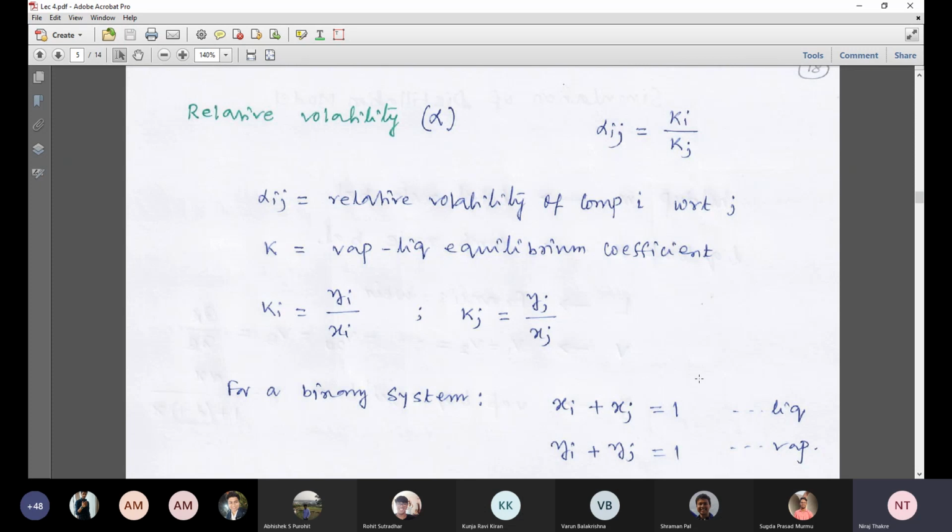For a binary system, we can write Xi plus Xj equal to 1, Yi plus Yj equal to 1. These are sometimes called summation equations. So for our example system, it is x1 plus x2 equal to 1 or xA plus xB equal to 1. Similarly, YA plus YB equal to 1 for the vapor phase.